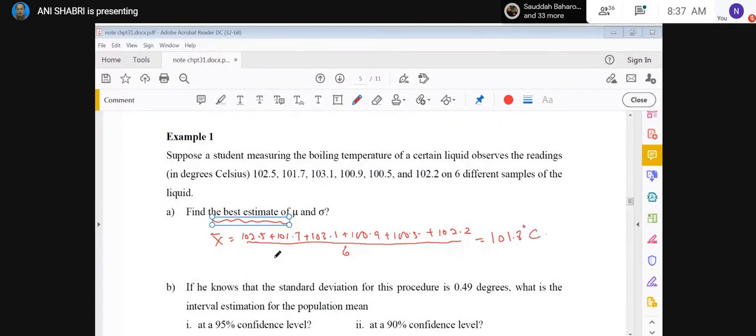Okay, what is the value of sigma? Now the best estimate is S. Try S using the calculator, just n plus.